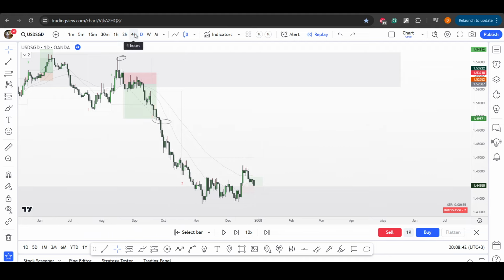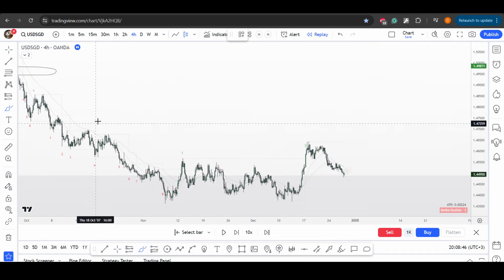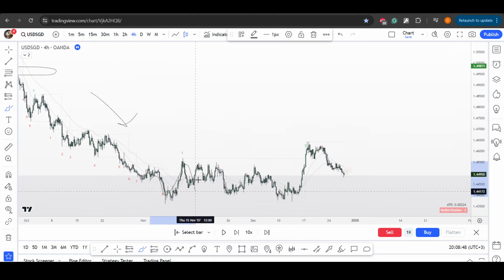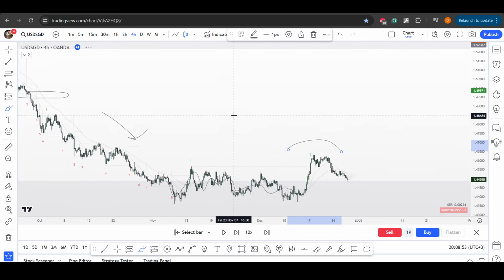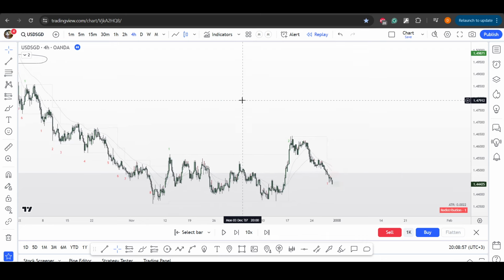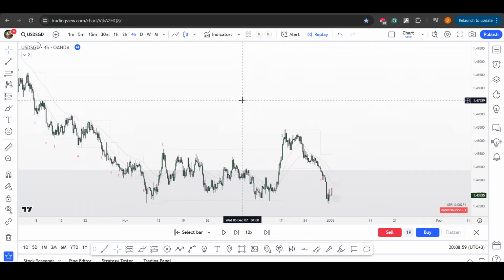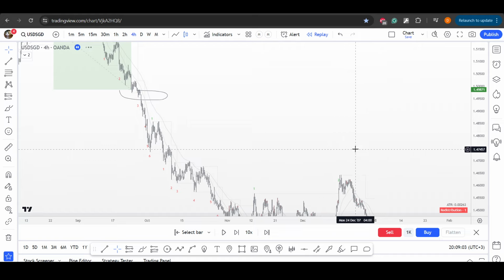Let's go to 4 hours and see what we have. We have bearish trend, then back and forth, which we don't know, it's either a redistribution or accumulation, and I need more information. So far just falling to the downside, and I don't want to follow it here.